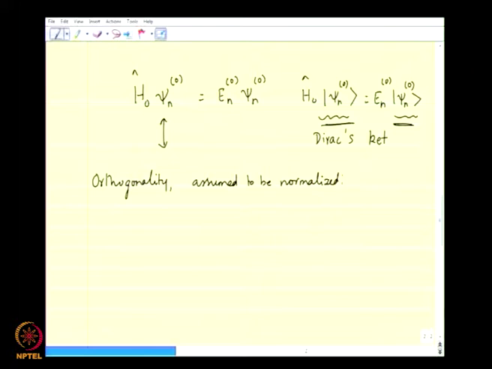What it means is that in some coordinate system in which it is expressed, psi n 0 of tau, the coordinate can be x or xyz or r theta phi in the case of the hydrogen atom, whatever it is, it is represented collectively by this symbol tau, the integral of psi n 0 star tau, psi n 0 tau, d tau is equal to 1. This is the normalization property, if we want to interpret the wave function squares as probabilities of finding the system in certain coordinate space. Therefore this is assumed.